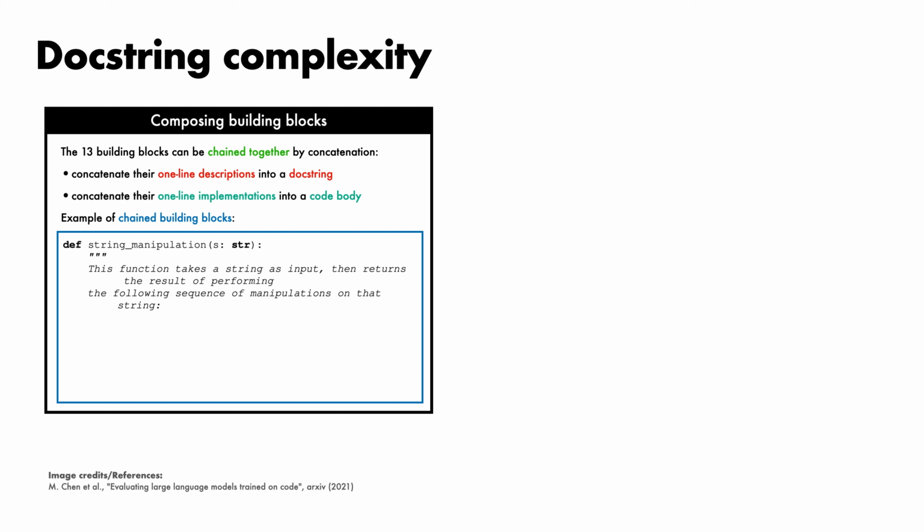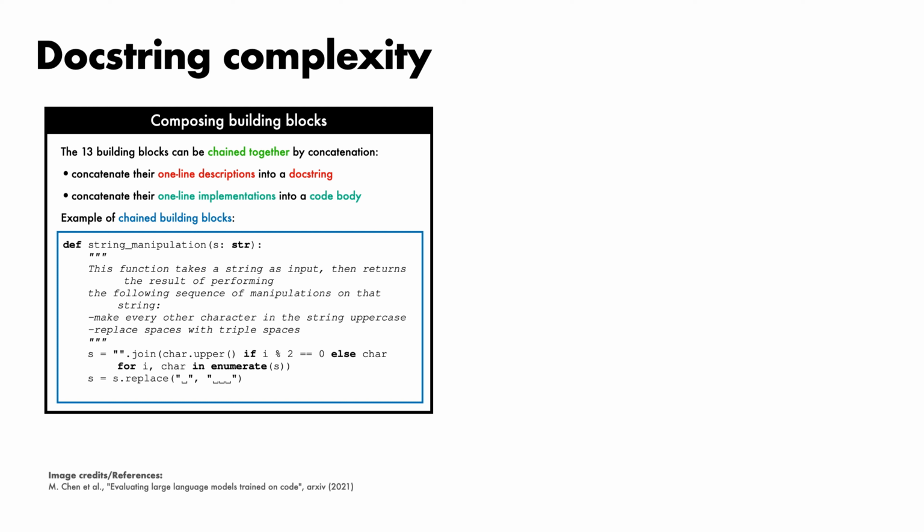From then on, we concatenate building block descriptions like make every other character in the string uppercase and replace spaces with triple spaces. Once we've inserted the desired number of building blocks, we close the docstring.